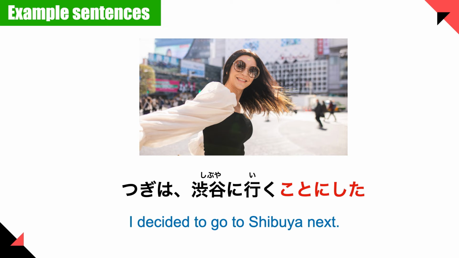A lot of young people like to hang out there, go to stores and shops and restaurants around there. There are a lot of stuff to do. Anyways, Shibuya, place in Tokyo. に行く that means to go to Shibuya. And then ことにした。行くことにした, that means decided to go. 次は渋谷に行くことにした。I've decided to go to Shibuya next.